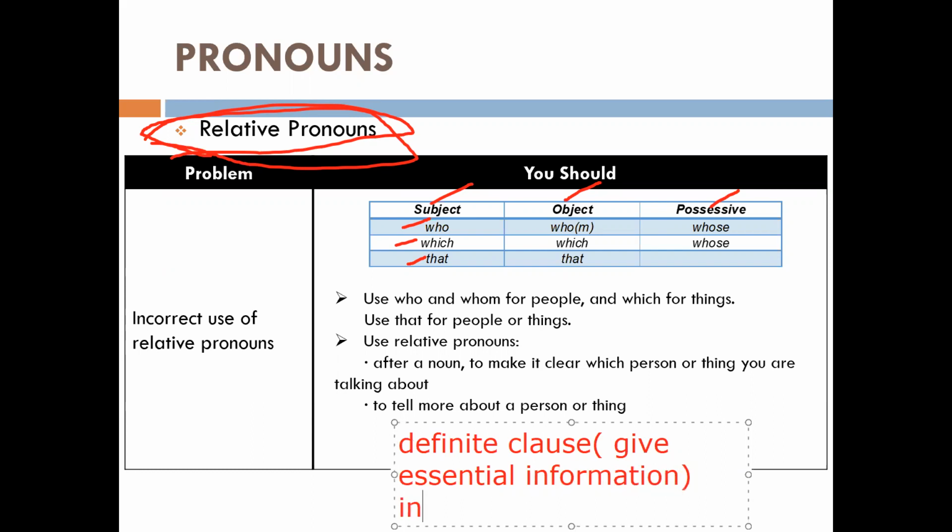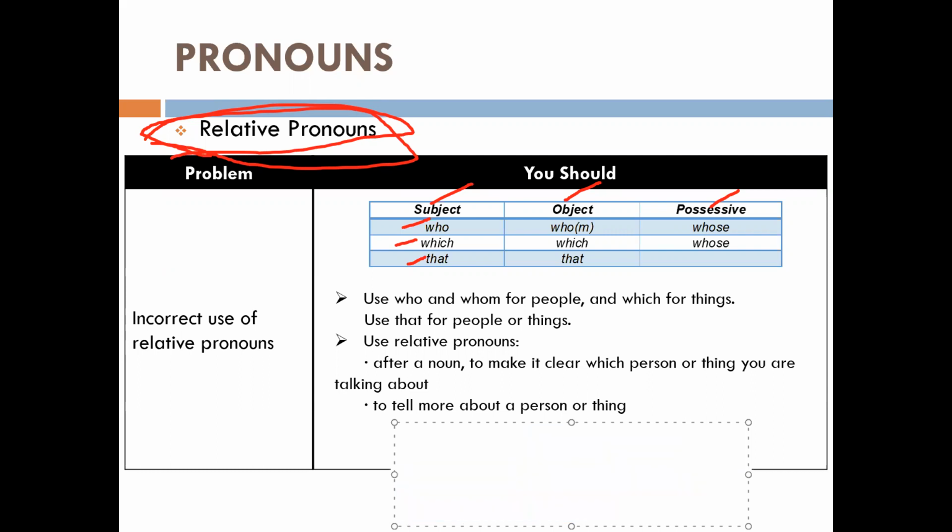But an indefinite clause, regardless of whether you put your pronoun or the clause itself, your sentence can function on its own. So let us cut to the chase. Let me simplify this. If you are going to use who, which, and that because your purpose is to add more information, you're on the right track.